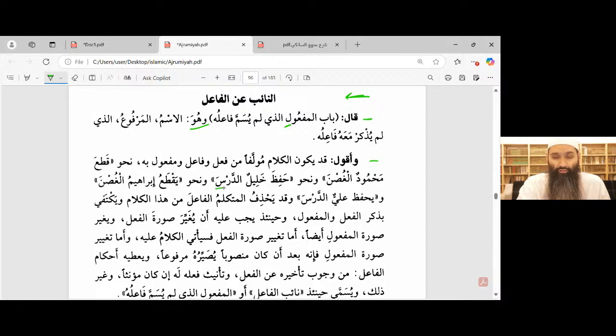Look at this. حفظ خليل الدرس. Who would like to do the i'rab of that? We don't need to write that down, because it should be very clear and easy and simple. Okay, Ilyas, go ahead. حفظ فعل ماض مبني على الفتح لا محل له من الإعراب.